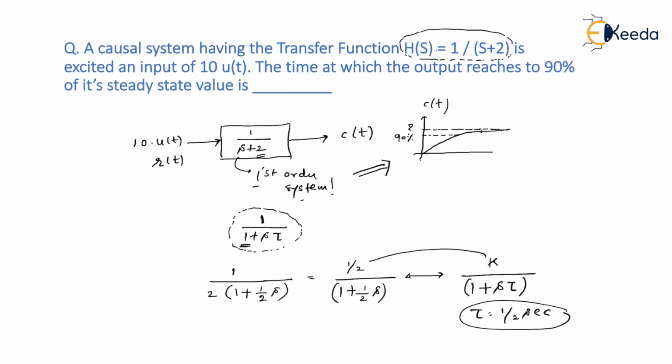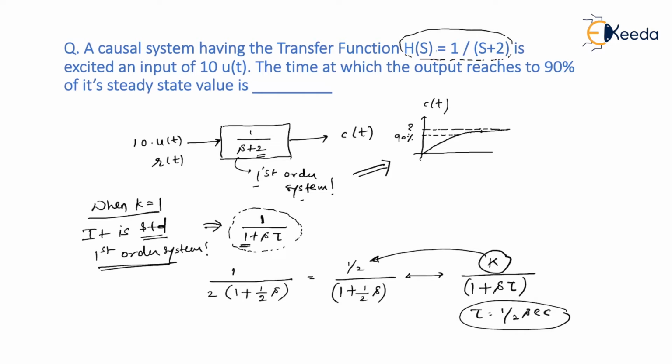Here k is equal to half. If the numerator is equal to 1, that is k equal to 1, it is called a standard first order system. In this case, I cannot say it is a standard form because the value of k is not 1. The value of k in our case is half.